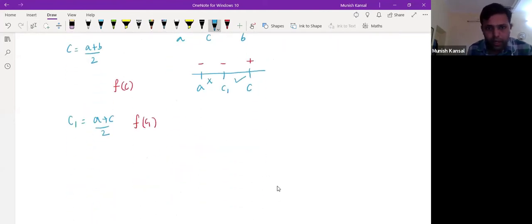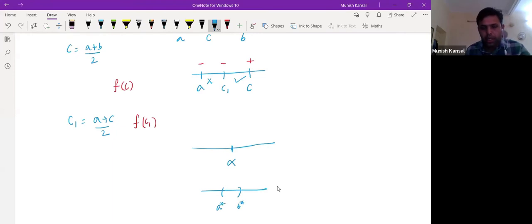After some iterations, either you will get a root, which is the rare chance of getting the exact root after a few iterations, or the second option is you will get an interval of certain length. Let us call it A star, B star, the interval after n steps.